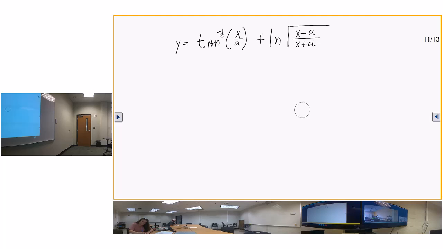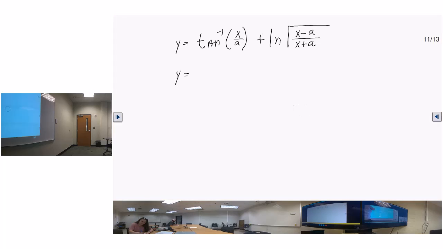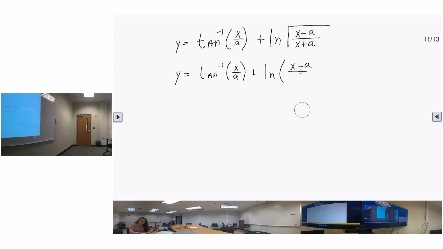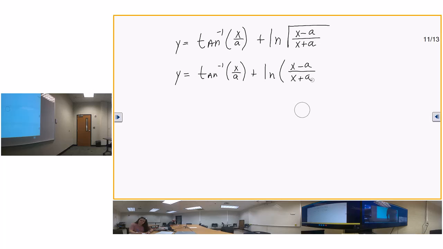So what can you do with this? First of all, you can rewrite the radical as what? To the 1/2 power. And bring the 1/2 out front temporarily.